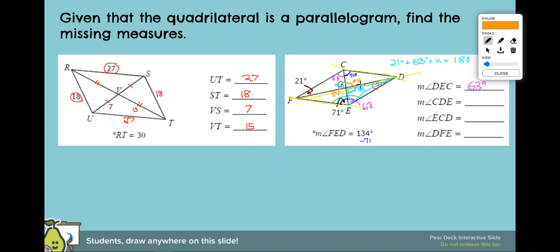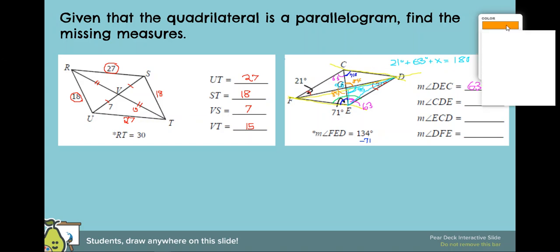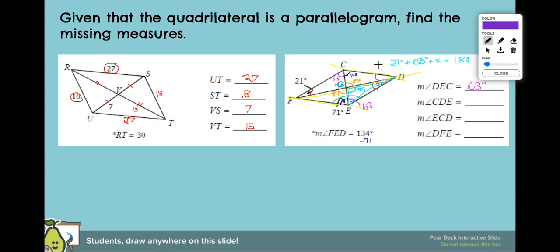Now that we know that this is 84, we can use the top triangles to figure out the remaining angle on the bottom. Let's see. So if I want to find this angle, I take 71 and I add it to 84, which gives me 155. And then when I subtract that from 180, I get the remaining angle of 25 degrees.